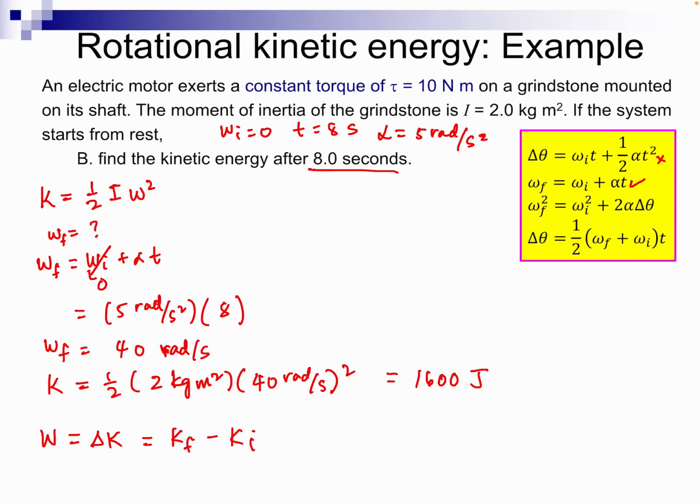The initial kinetic energy is of course 0 because you're starting from rest. The initial angular speed is 0. So if you wanted to find the final kinetic energy, that's just equal to the work done, which you've calculated from before.